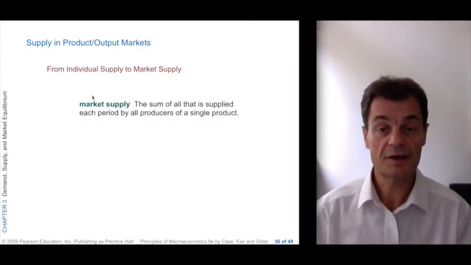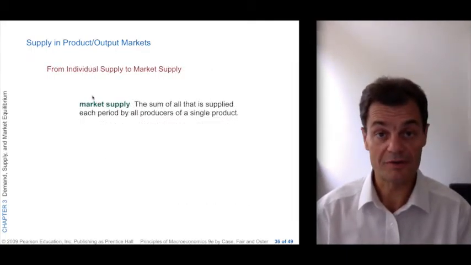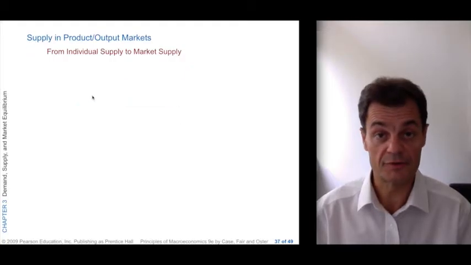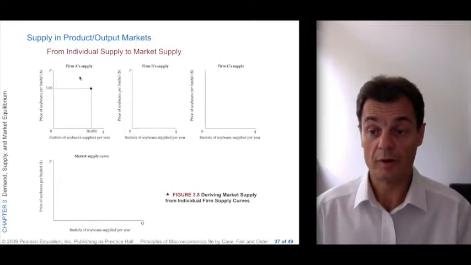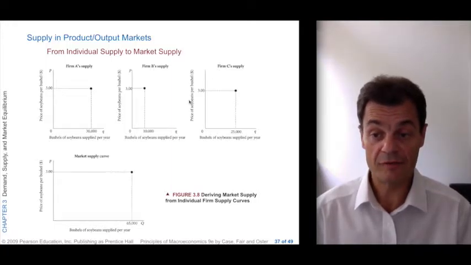Just like we did for demand, we can construct the aggregate or the market supply. That's the sum of all the supply curves of all the participating firms in the economy. We have here that example where firms A, B, C have all different supply curves.